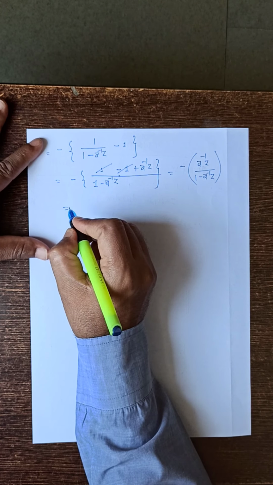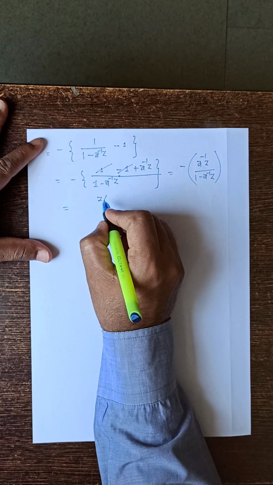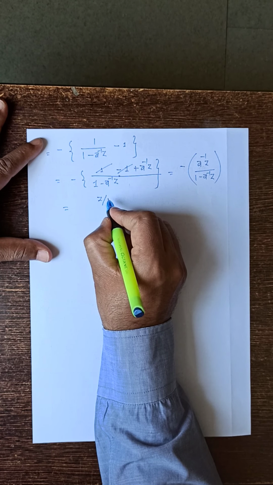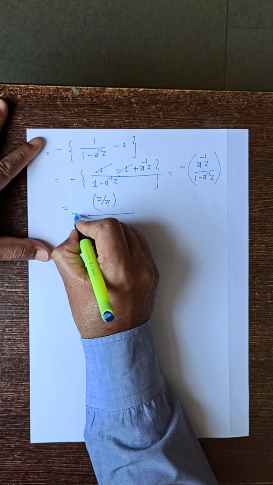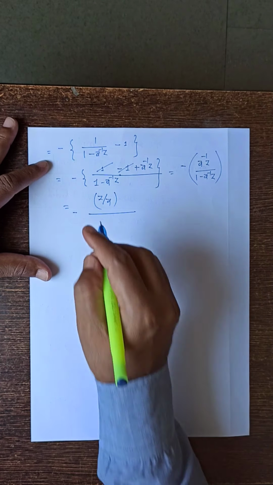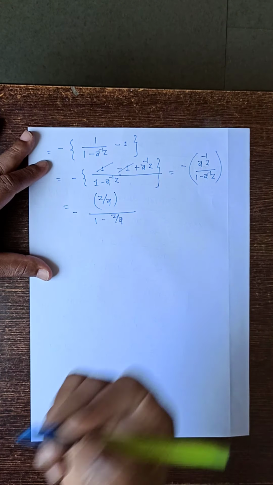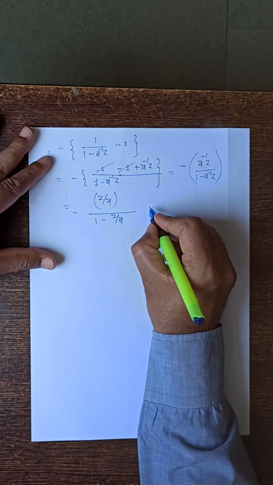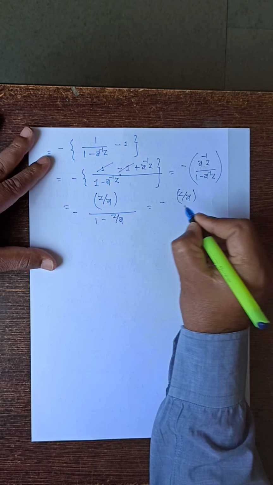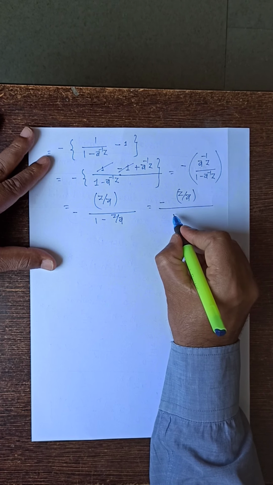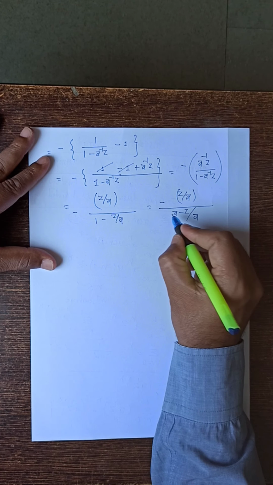So this is equal to, I can write a raised to minus 1 into z as z divided by a. So minus sign is still there, 1 minus z by a. This can be written like this: minus z by a divided by a minus z divided by a.